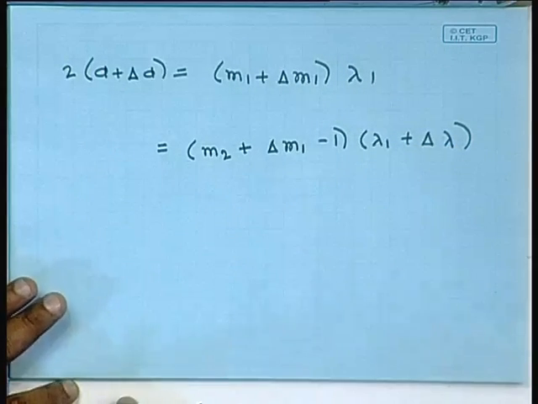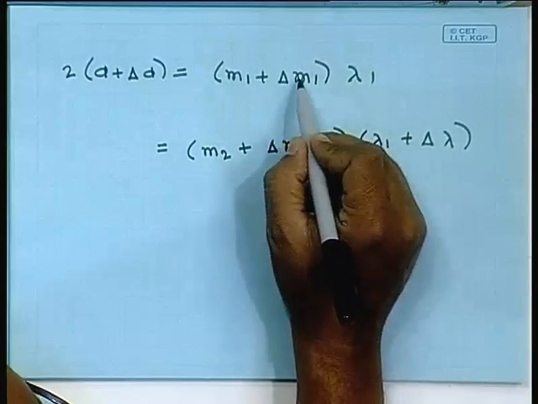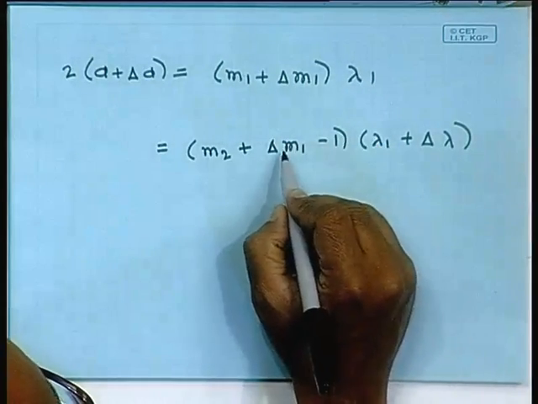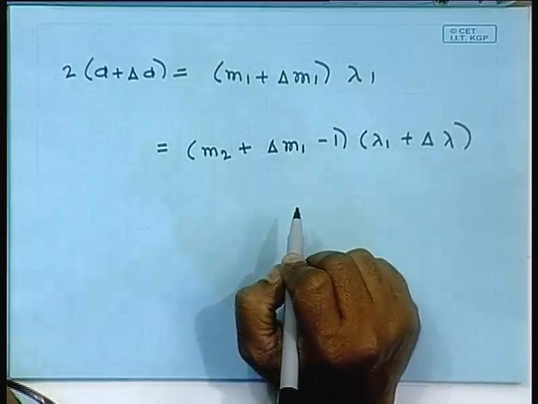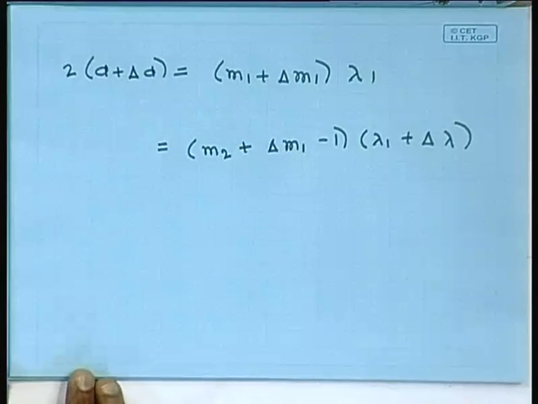So, if I change delta d so that the order by which this fringe changes is one more than the order by which this fringe changes, we are back to a situation where we have concordance, because the order of the two fringe systems exactly differs by 1, and in the situation where I have a dark spot for lambda 1, I will also have a dark spot for lambda 1 plus delta lambda. So, if this condition is satisfied, the two fringe patterns are again in concordance.